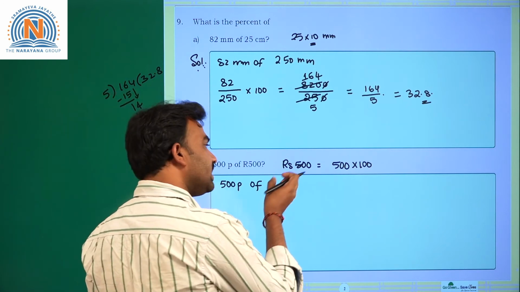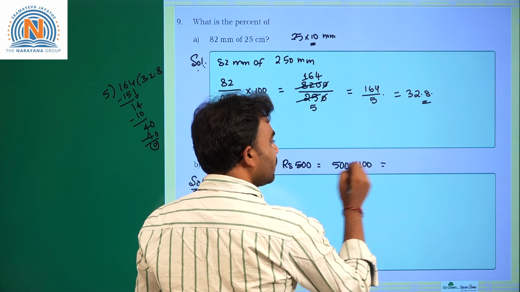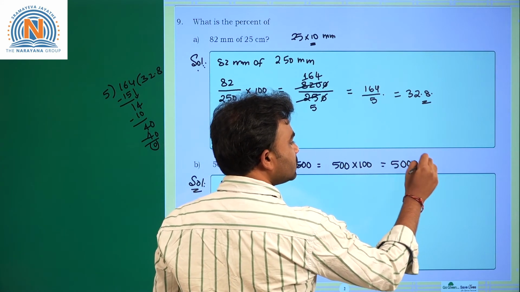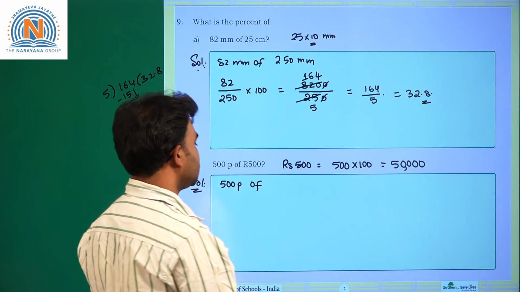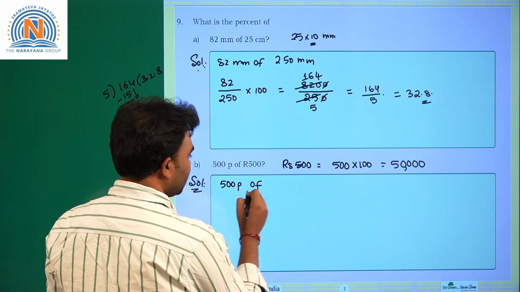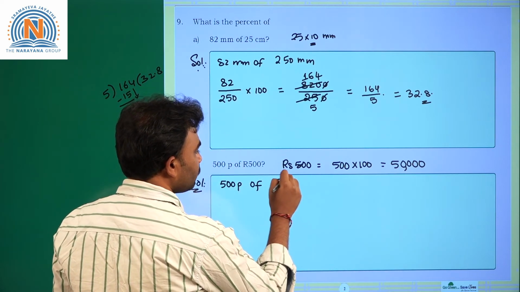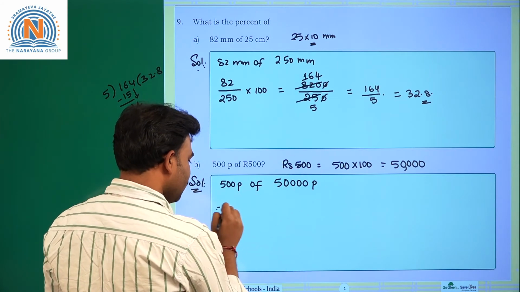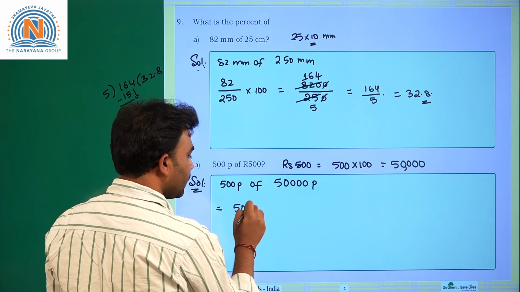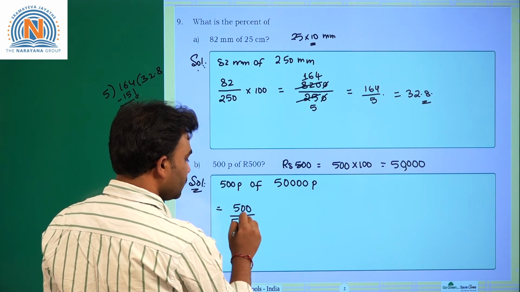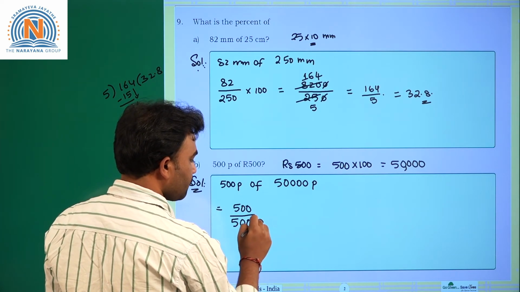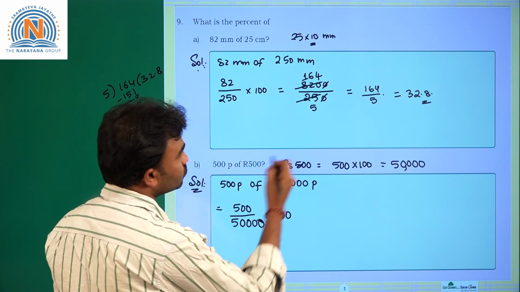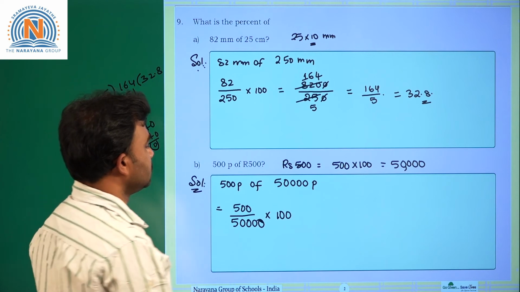Then 500 rupees is equal to 500 into 100. So 5, after that 4 zeros, then it becomes 50,000. So 500 paise of 50,000 paise. It is equal to 500 by 50,000 into 100, as we have to find the percentage.